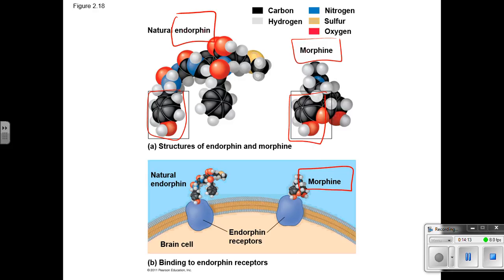This is the reason why morphine works to block pain: here's a brain cell, here are the endorphin receptors, and morphine is going to attach to that receptor, and it's going to make you feel like you're not having any pain. The reason why, if you get hurt extremely badly, initially you may not feel any pain is because your natural endorphins kick in. But once those subside, we figured out how to manufacture morphine to continue that pain-free feeling.